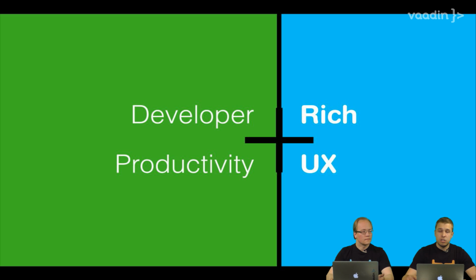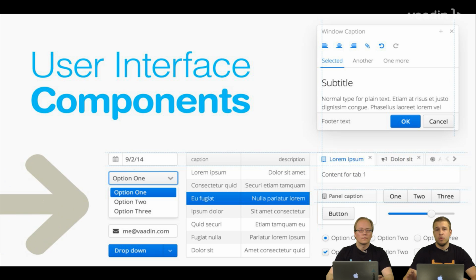And of course the rich user experience comes from the very rich and wide component library distributed with Vaadin, enhanced by the Vaadin directory that currently provides more than 400 add-on components coming from Vaadin Ltd, but also from the community using Vaadin. So that's a very big part of Vaadin today.